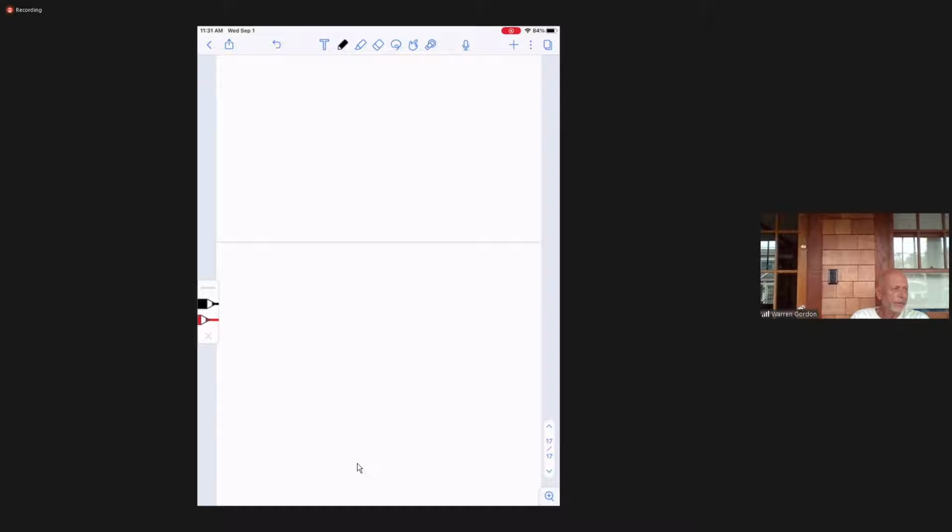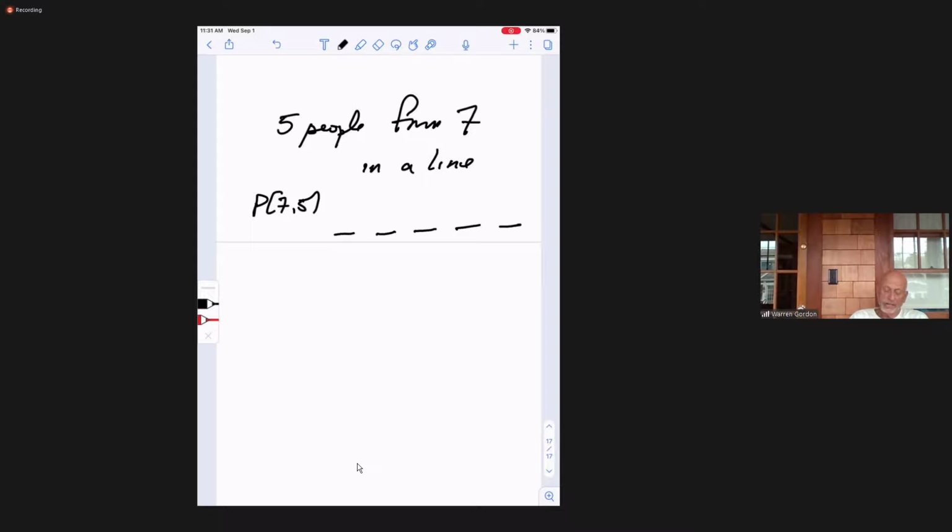If I want to choose, for example, 5 people from 7 to stand in a line, of course you could use the formula, but I much prefer to go 1, 2, 3, 4, 5. I can choose any of 7 for the first position, then 6, then 5, then 4, then 3. I don't need a formula for the problems involving permutations. In fact, it's usually harder when there's a more complicated problem, as we'll see soon enough.